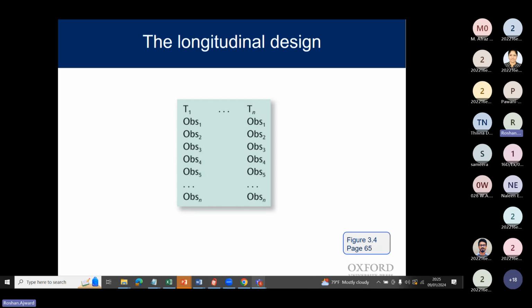That's called longitudinal design. What's the difference between cross-sectional and longitudinal? In longitudinal design, you take data from the same sample at different points of time. But in cross-sectional design, you take data at one point of time.